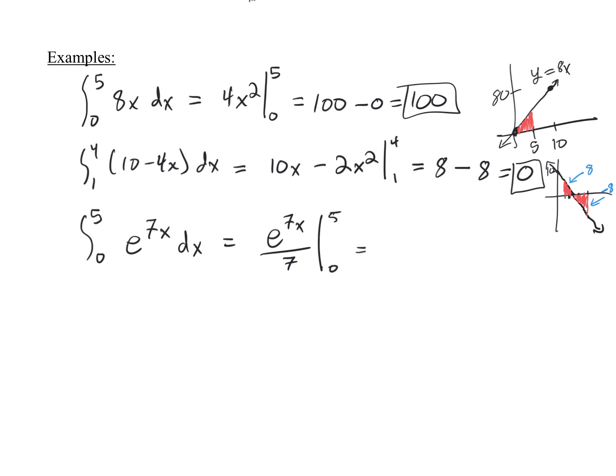Now this is something that you could technically put in your calculator, e to the 35 over 7. And then when we plug in 0, you get e to the 0 over 7, but e to the 0, any number to the 0 is just 1, so it'll be 1 over 7 when you plug in 0.